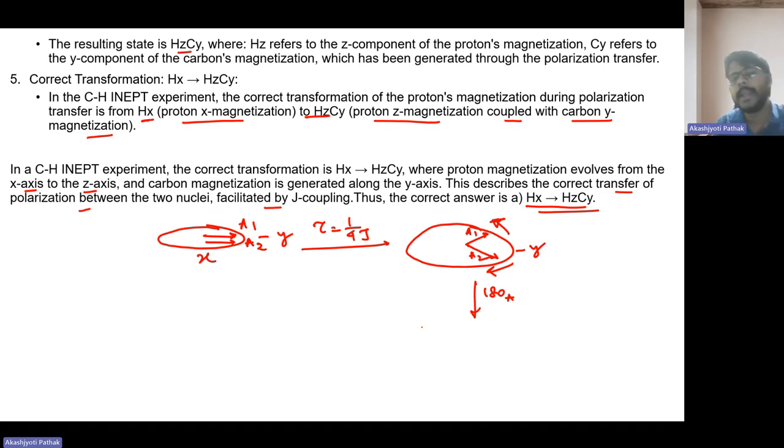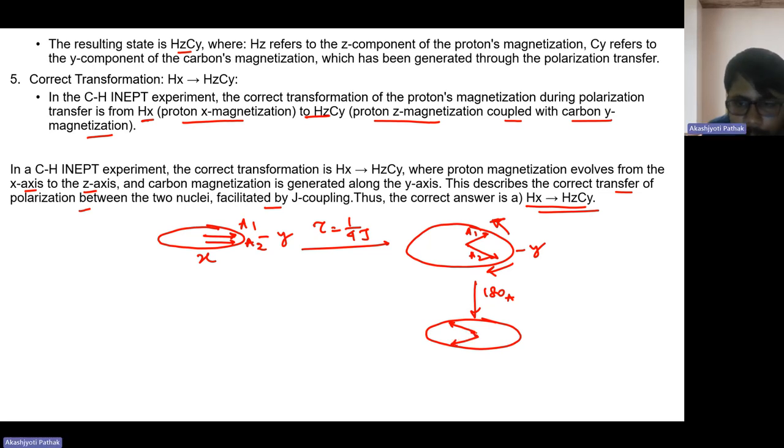And then this 180 degree pulse will cause the reversal, the nuclear spins will get inverted and shifted by 180 degrees, so they get exactly opposite to the initial point.